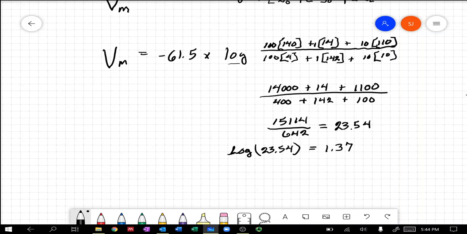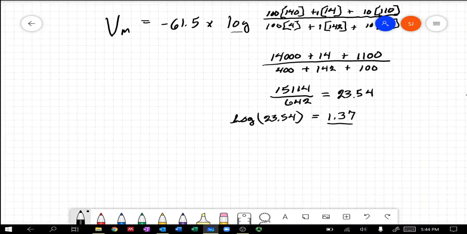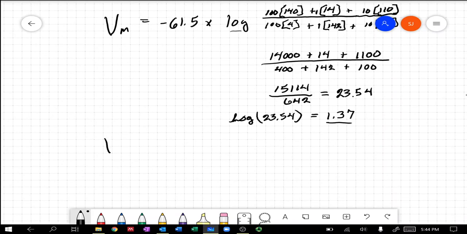So we just did this whole big chunk of this formula. Now all we have to do is take 1.37 times minus 61.5. I'm going to go ahead and put this down here. And that should equal about minus, I think it actually came out to 83 point something.